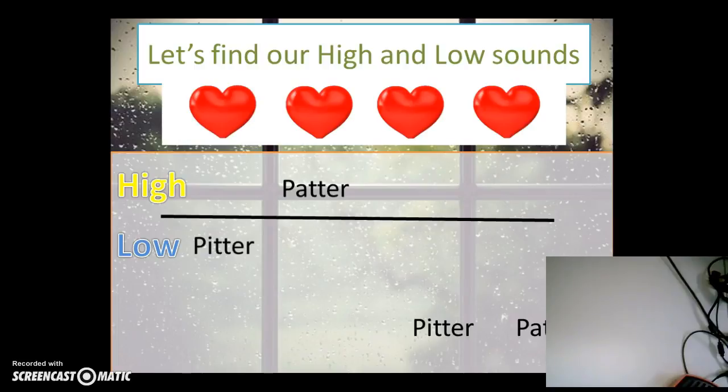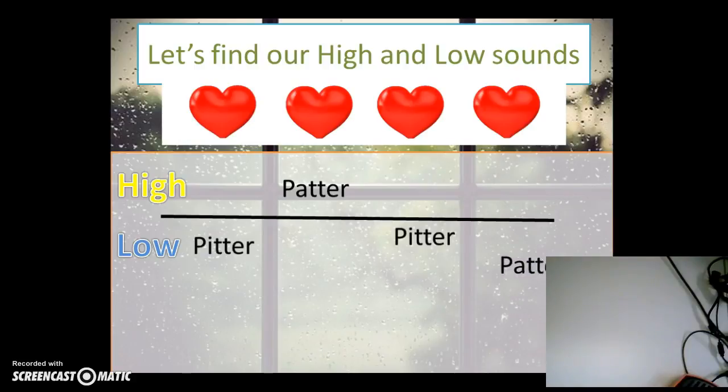Let's try to find these last two. The last pitter patter sounds like this. Pitter patter. So we're looking, does pitter have a low or a high sound? Good, it has a low sound. Pitter and patter. Is that a high or low sound?